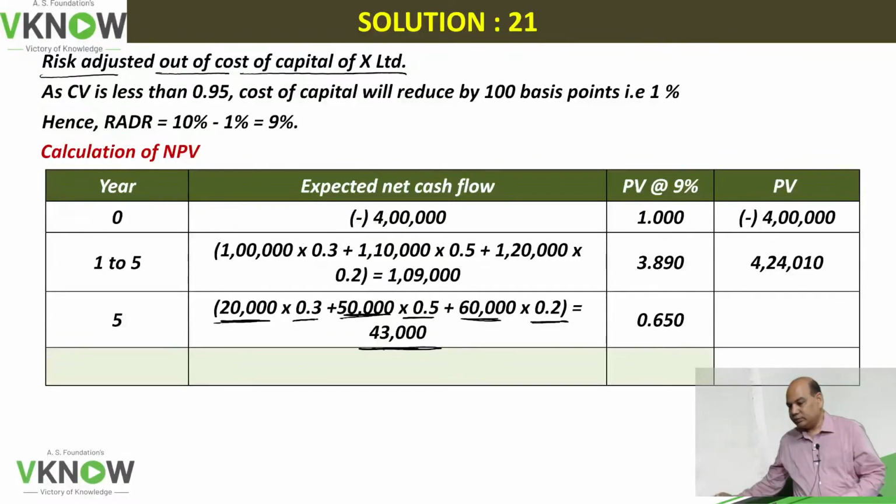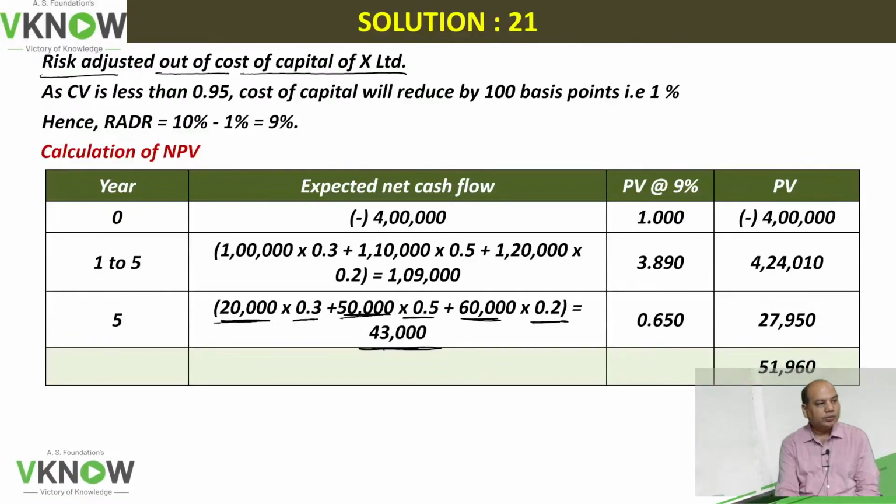Write the factor, 0.650. Multiply please. 43,000 into 0.650, 27950.